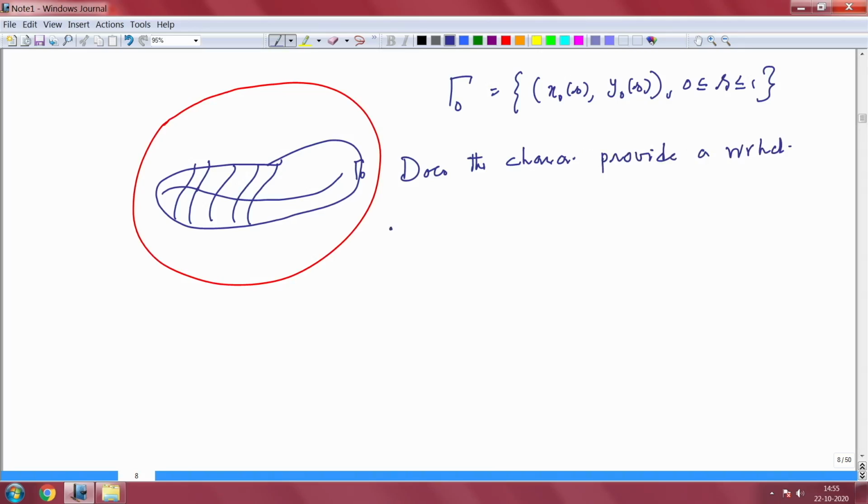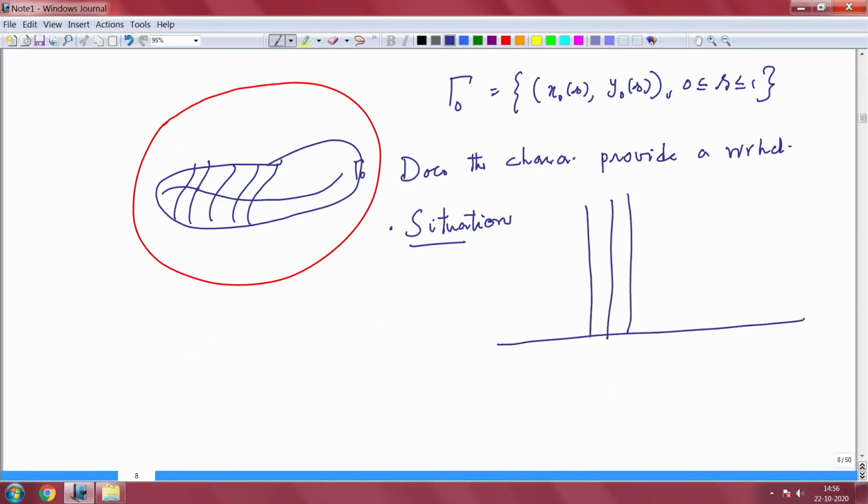So, look at the situation. I wanted to show you a situation, maybe not in this example, but let me tell you a situation. Suppose you have a curve like this, and then suppose you have characteristics like this. This may not be for a linear equation, and from here you have a characteristic like this.